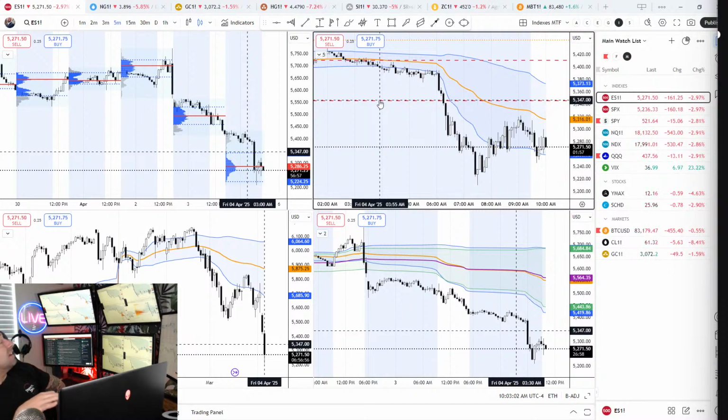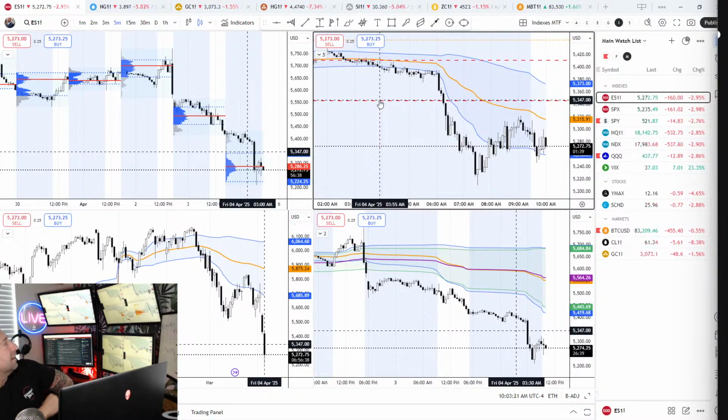Oil's down another 8.5%. Natural gas is down almost 6%. Copper's down 7%. Silver's down 5%. Soybeans are down 3%. So just a lot of red. All right.